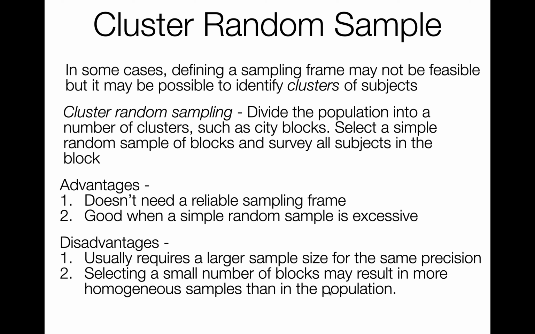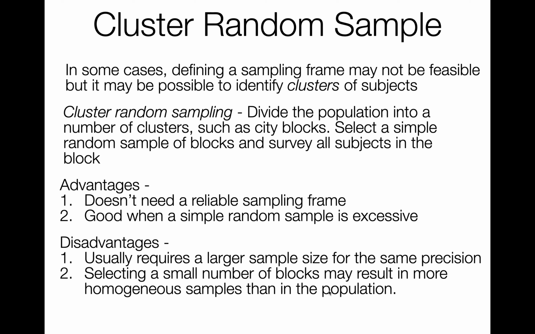And so when you have a lesser sampling method, the data that you're getting in is not as good. You're going to need more data or more people than you usually would to get some sort of answer out. Another disadvantage is when you select a small number of blocks, that's going to result in a more homogeneous sample than in the population.